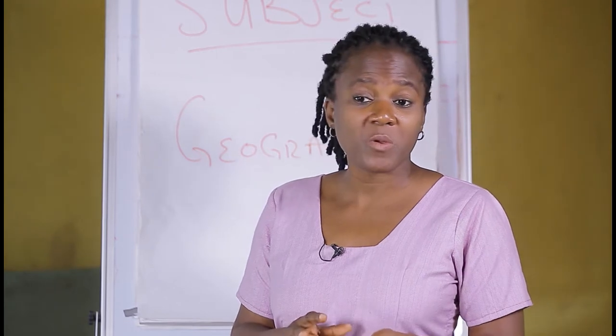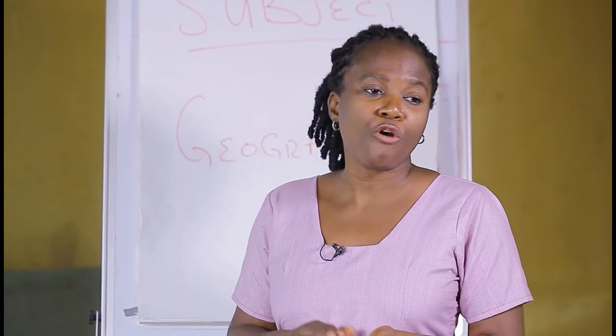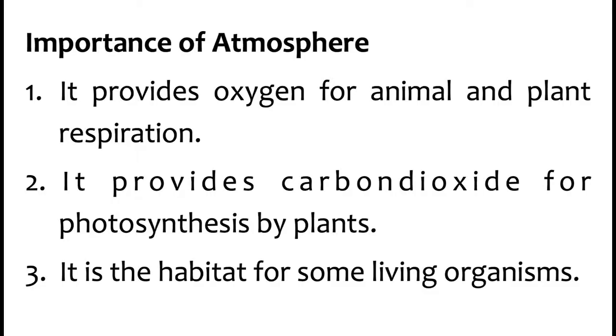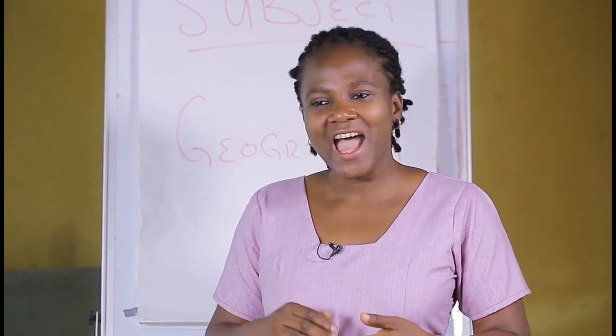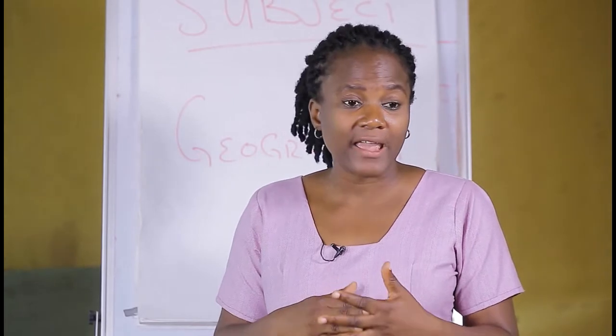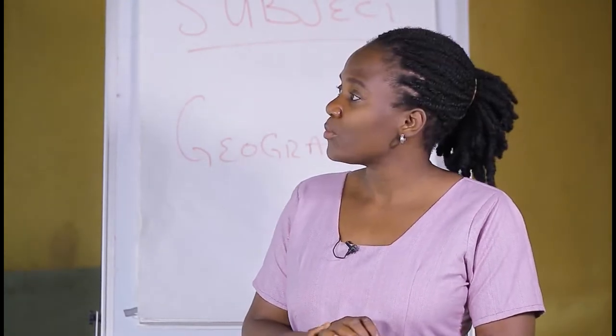Remember we said the atmosphere is the gaseous portion of the surrounding or the environment. Number three, it is the habitat for some living organisms. So how can living organisms live in the atmosphere? Those that fly have their habitat in the atmosphere.